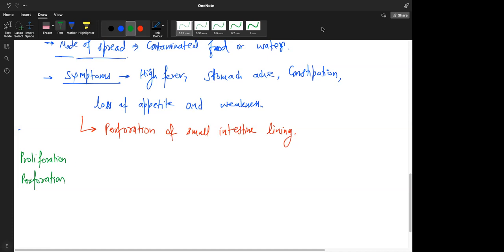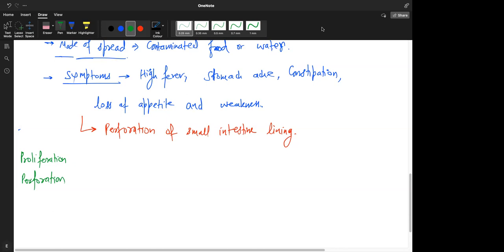Yes, perforation, Afifa. Perforation is like small holes being made in the intestine. Exactly. Perfect. Perforation means you are making small holes because of that toxin or that substance. The membrane of anything is getting degraded, and there are small holes in that layer. That's called perforation.